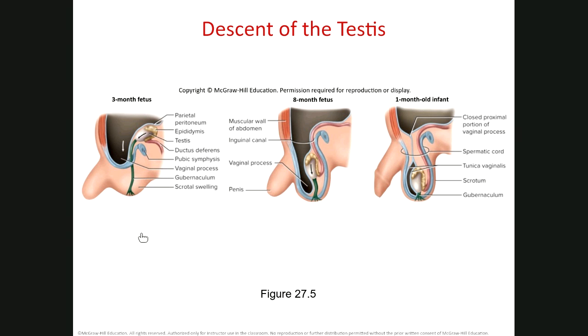Here's a visual of how the male testis goes down. You have it right out of the abdominal area, and then you form this low resistance. In fact, because of this, it will be enhanced to go down into the scrotal area. Once in the scrotal area, this inguinal canal should close.